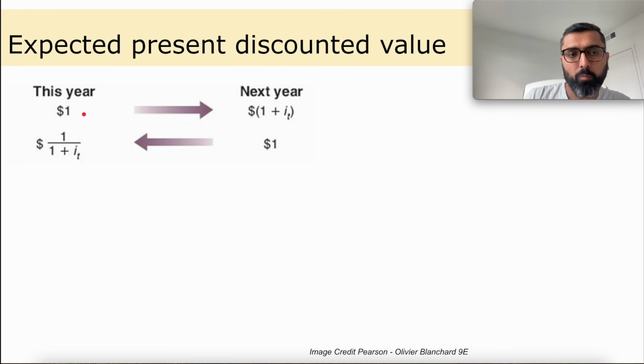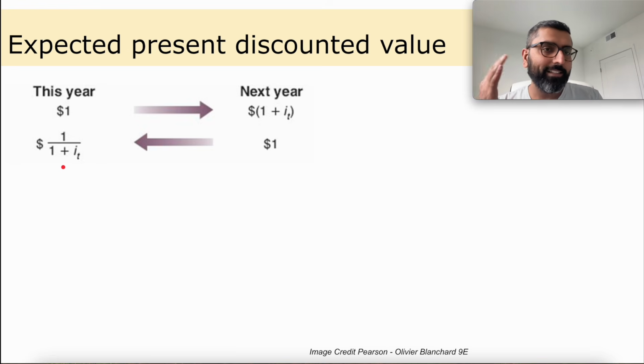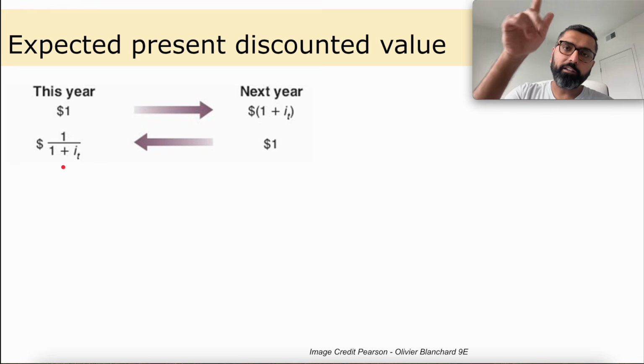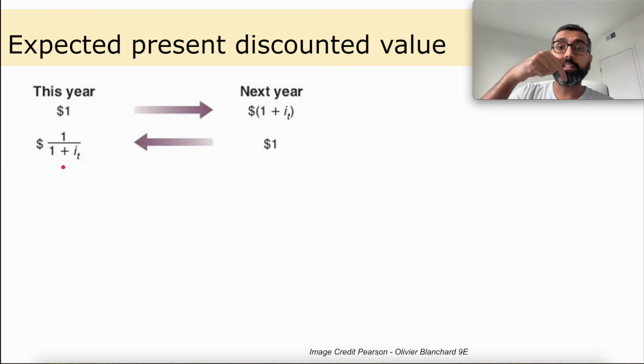If you can go from $1 to 1 plus i dollars a year from now, then $1 a year from now would be equal to 1 upon 1 plus i. So that is in a sense discounting. How can you convert the dollar in the future into today's terms?